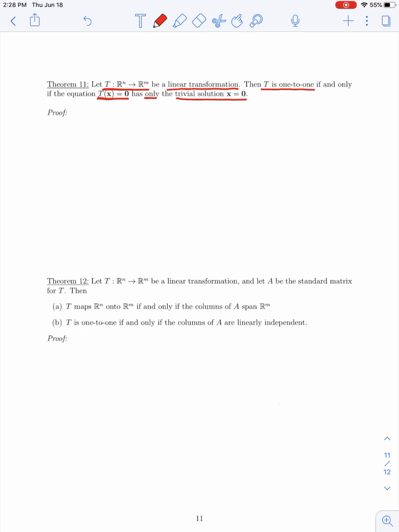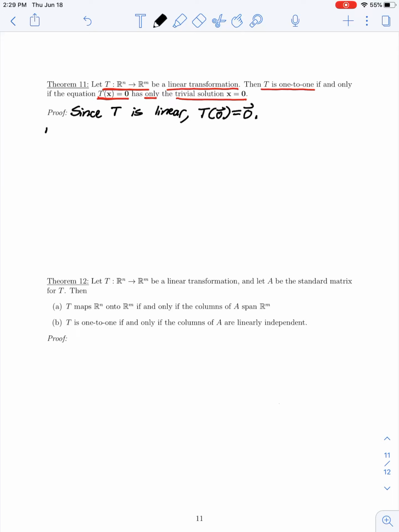So let's see if we can establish the proof of this theorem. This one's not too difficult to prove. So let's start by saying since T is linear, we saw from the previous section 1.8 that for a linear mapping, T of 0 has to equal 0. That is, the image of the 0 vector is the 0 vector.